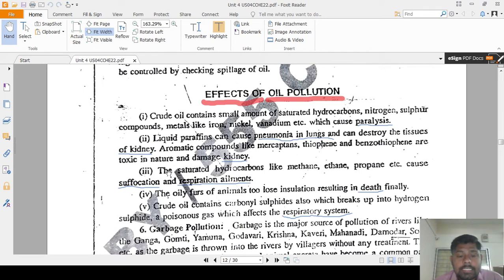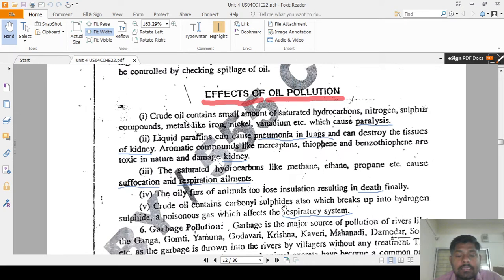Then the saturated hydrocarbons and some metals are there. Saturated hydrocarbons like methane, ethane, and propane cause suffocation and respiration ailments. The oily furs of animals lose their insulation, resulting in death.